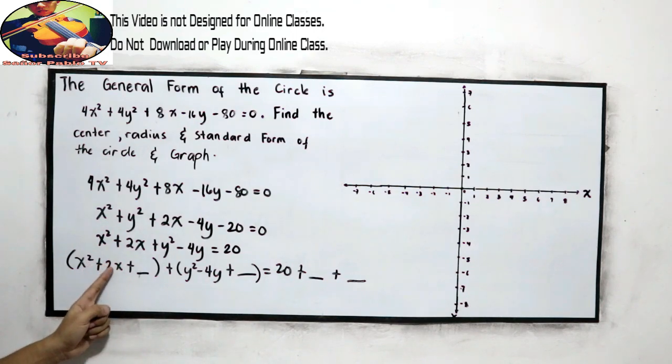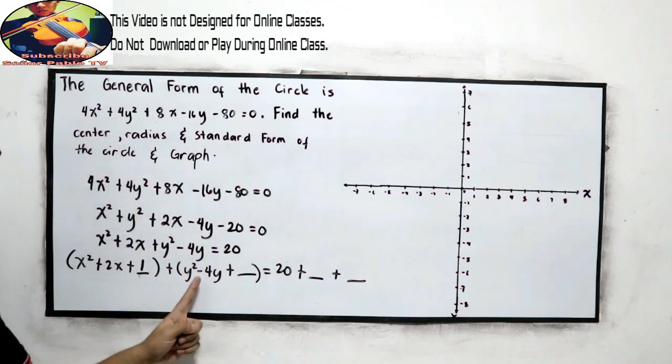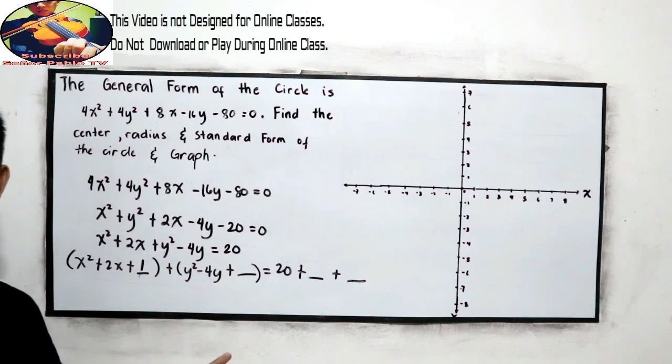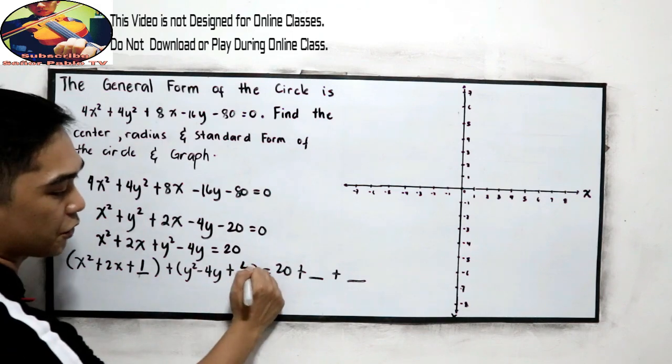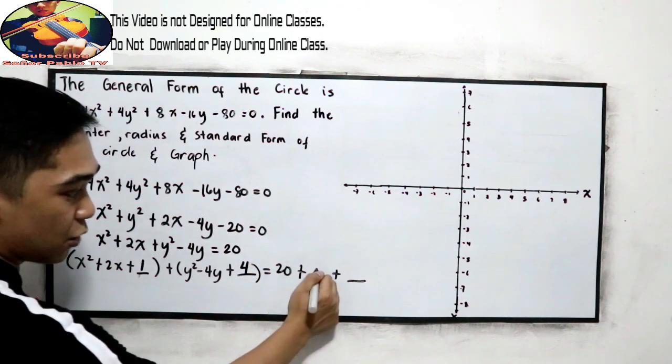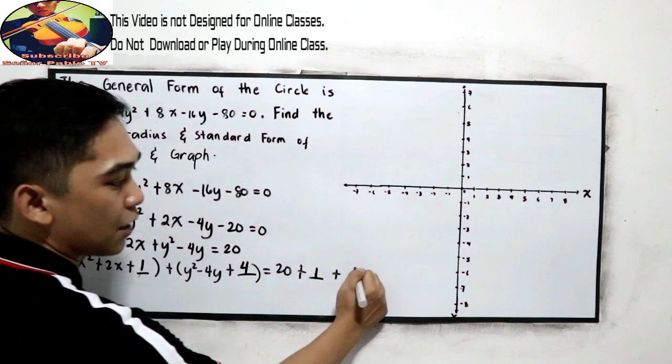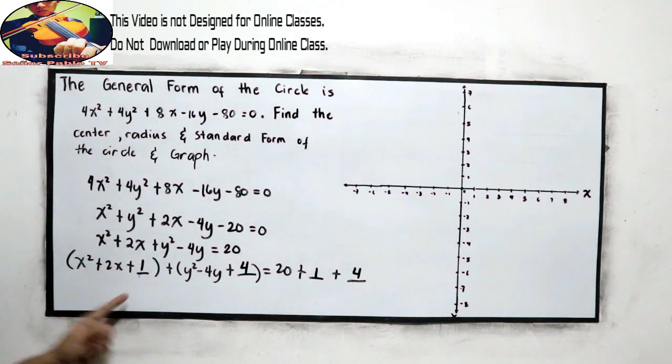So the middle term is 2, so 2 divided by 2, that is 1. 1 squared, positive 1. Next, negative 4 divided by 2, that is negative 2. 2 squared, positive 4. We added 1, so add 1. Adding 4, add 4. Now, write it as the square of a binomial.